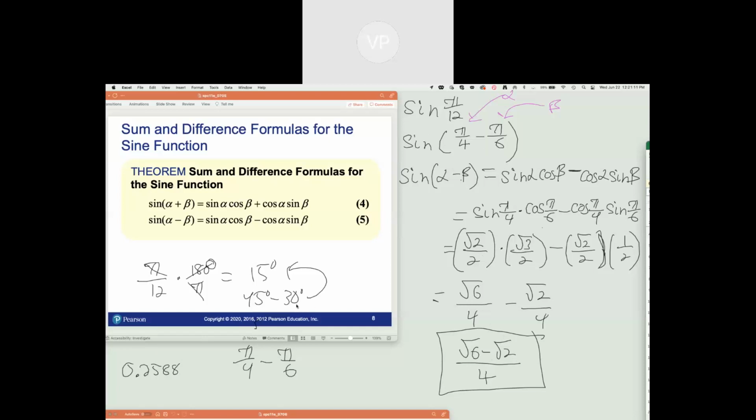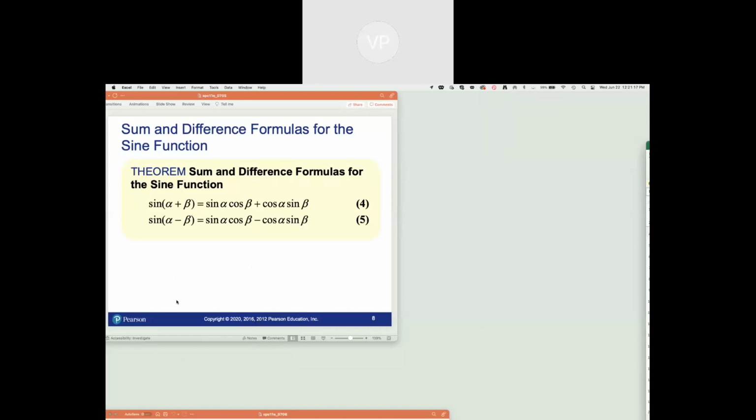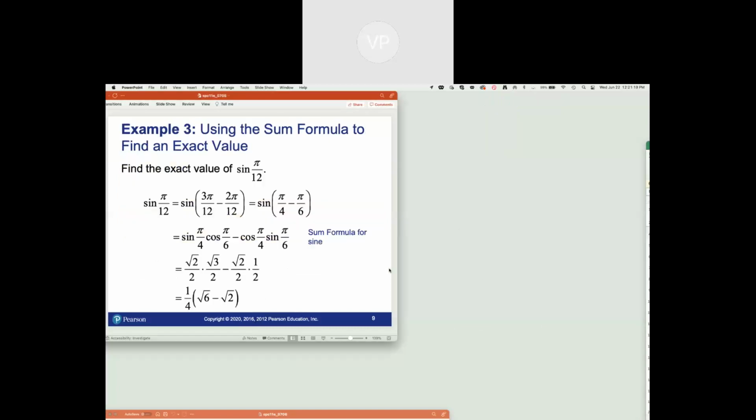Okay? Questions on this example that we had here? Then I'll pull up the slide here and you'll see it should be exactly the same, I hope. So kind of go through the process, same exact thing I had. They went with these two numbers. And remember, these are not the only two ways to get the pi over 12, to get the 15 degrees. I could have taken the sine of 135 degrees minus the sine of 120 degrees.